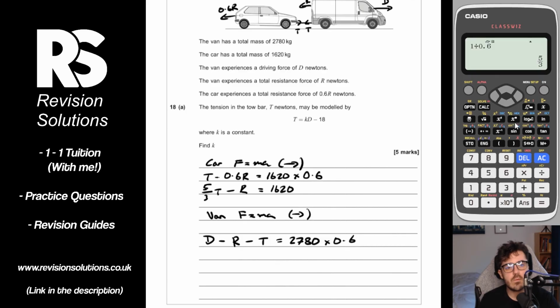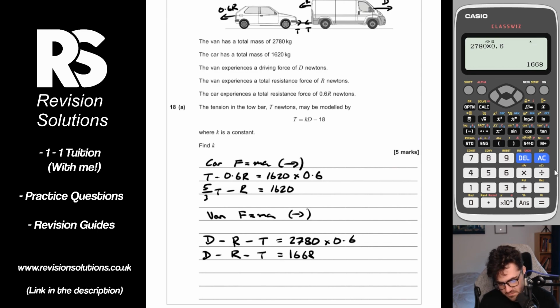That I will work out. So 2,780 times 0.6, that's 1668. So D minus R minus T is 1,668.